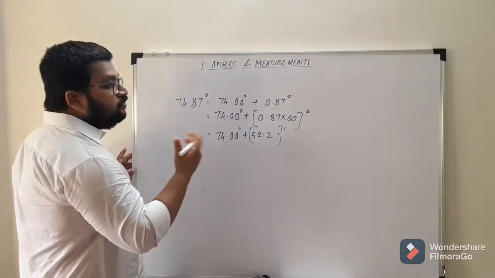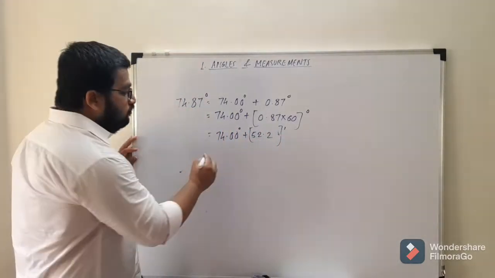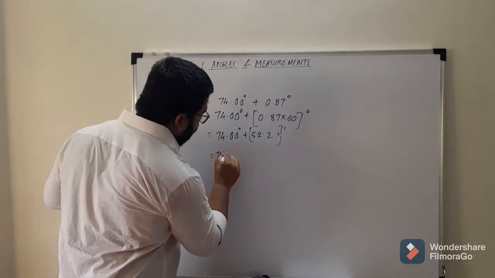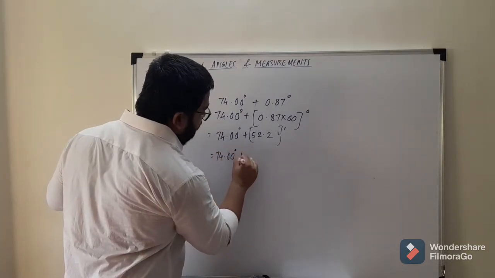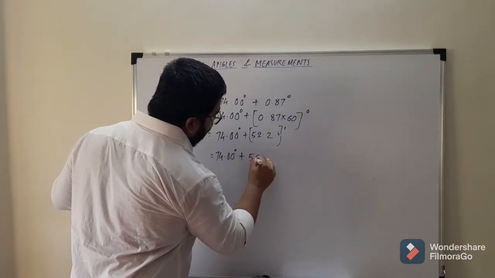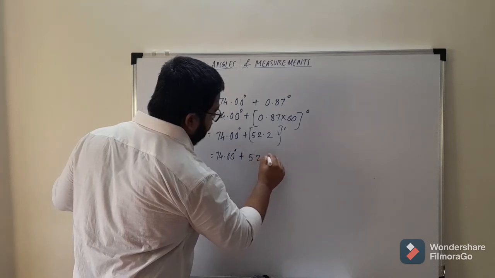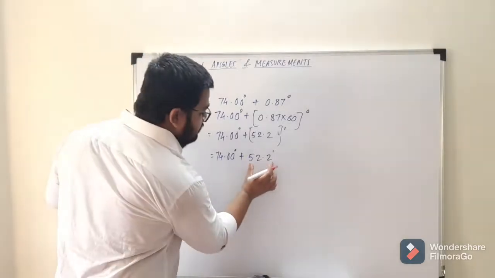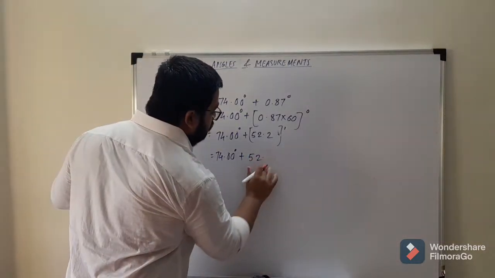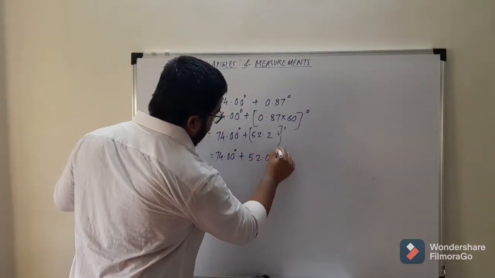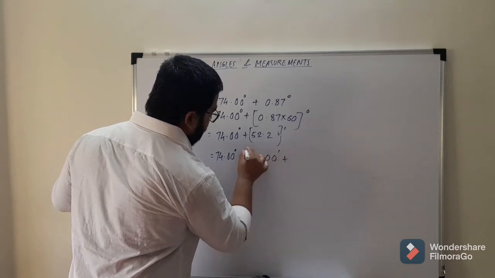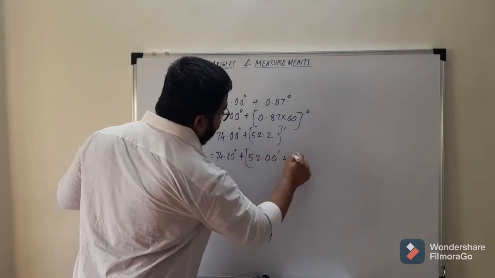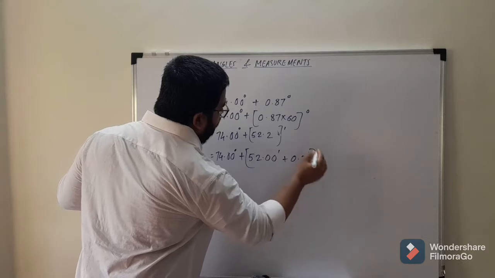Now again we have to convert these minutes into seconds. So we'll do the same thing again: 74.00 degrees plus 52.2 minutes. We'll again fractionize this, that is, 52.00 minutes plus 0.2 minutes.